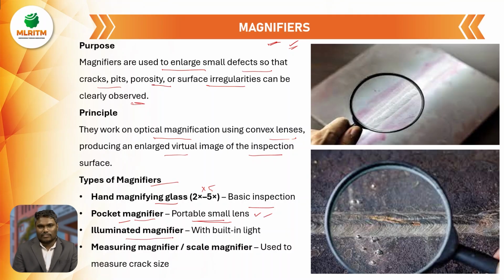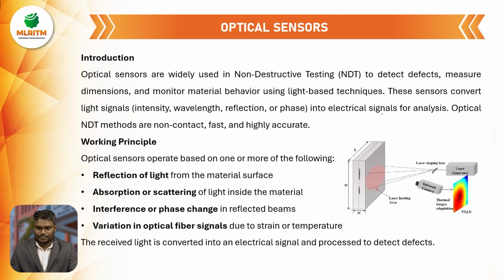And the illuminated magnifier has built-in light illumination also. Then the measuring magnifier or scale magnifier is mainly used to measure the crack size, how much crack size has occurred. See here, by using some of the magnifiers the defect can be detected. And here also, by using good illumination, the defects can be detected using some magnifiers.